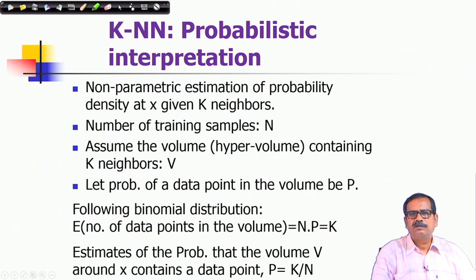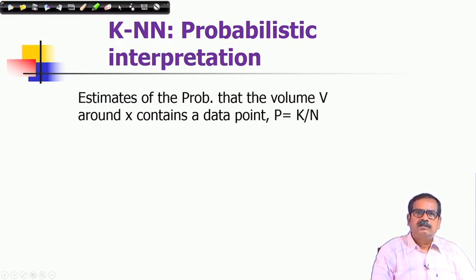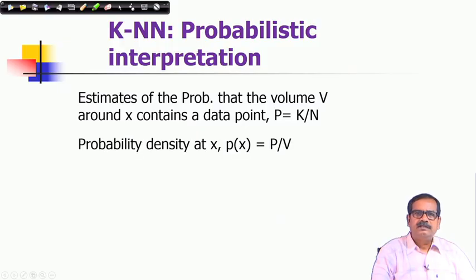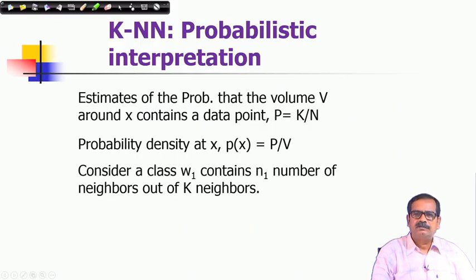You just take the ratio k by n, the fraction of times it has occurred out of n trials. Then the probability density at x, considering a continuous space, is this probability divided by the volume V.